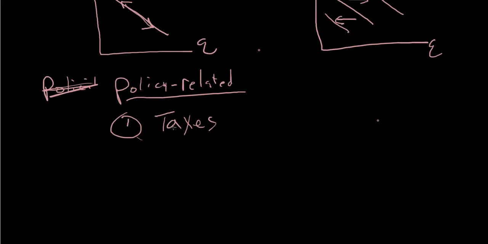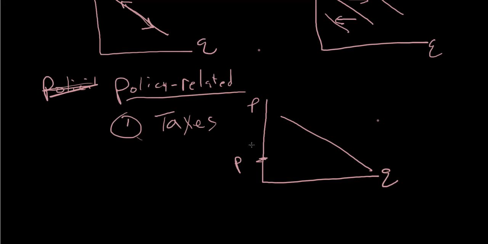Graphically, it's like this. The price was here before tax, and now after tax, suppose the price went up to PT. Then what's going to happen to the quantity demanded? Quantity demanded will decrease, right? So we're moving along the demand curve.